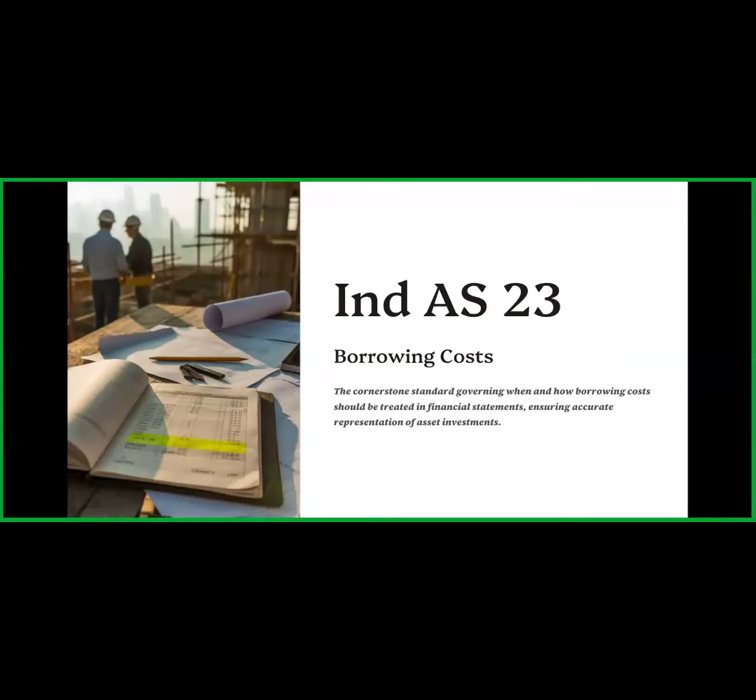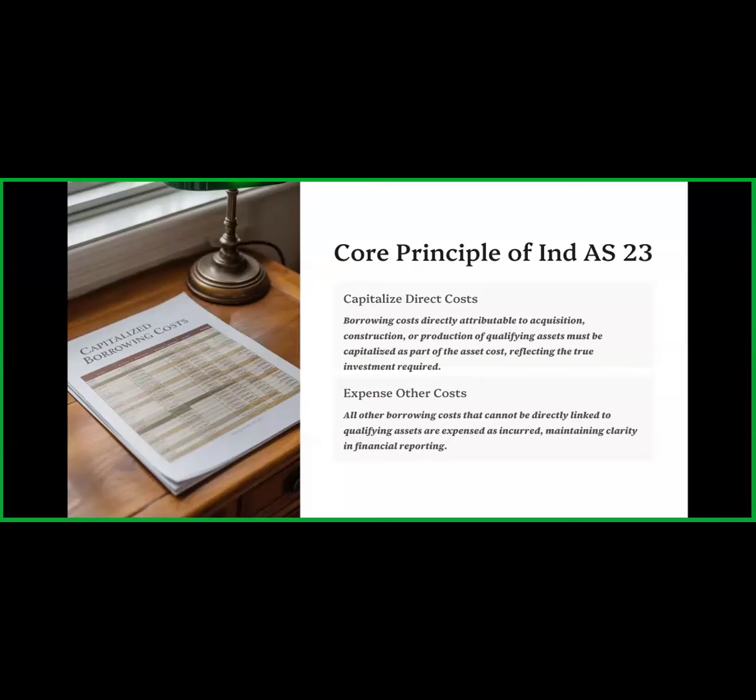There are two types of borrowing cost that the company has to bear. Whenever the company raises the fund, the purpose may be various: to buy property, to build a manufacturing plant, to purchase equipment or machineries.